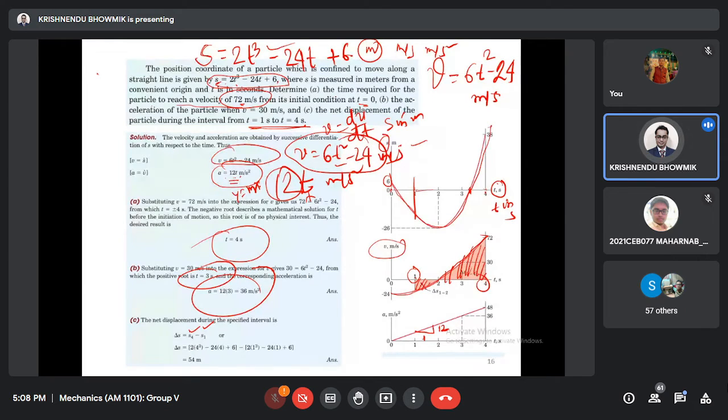Somebody can do the integration from T1 to T2 with the proper form and get the distance traveled between the time T4 and T1. That also you can do by integration, or simply take the S4 value and S1 value, subtract S4 minus S1, and you will get the value of distance traveled.